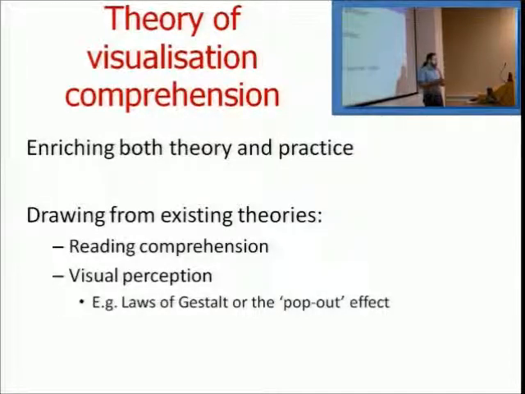The pop-out effect is about 30 years old, but already there is some criticism of Treisman's work, and some theories that might better explain what can be found. All these are very theoretical and you have to dig quite deep into psychology literature to find them, but I think they really apply well to visualization literature.